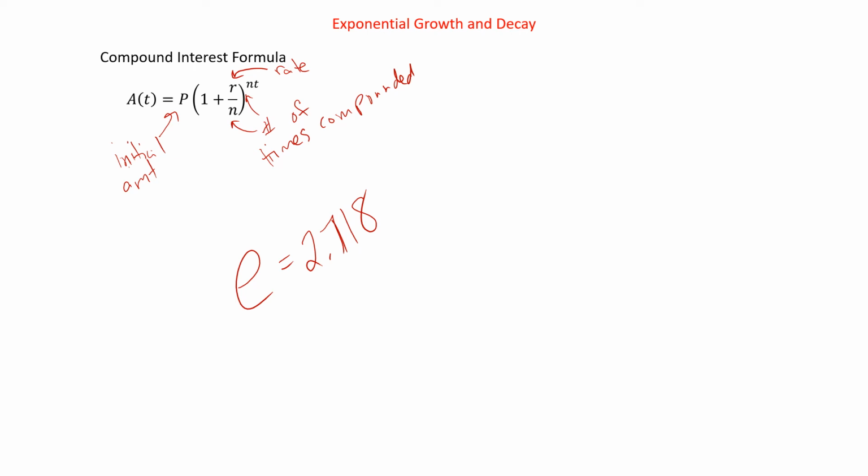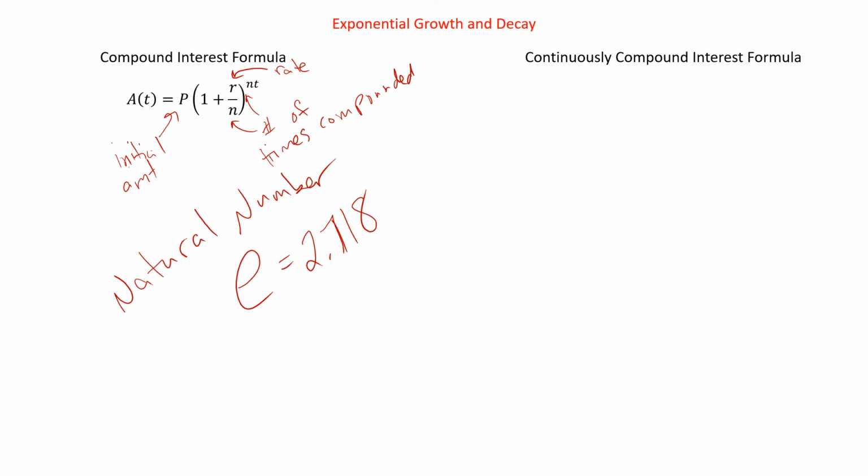And so that brings us to when we're compounding stuff continuously. This happens in nature, which is why this is called the natural number. It happens in nature because when your radioactive isotope is decaying, it's not thinking, oh, it's the first of the month, let's take off that little bit.